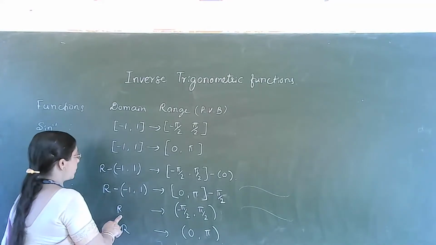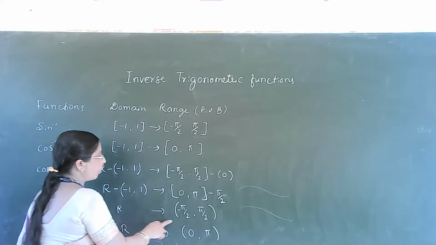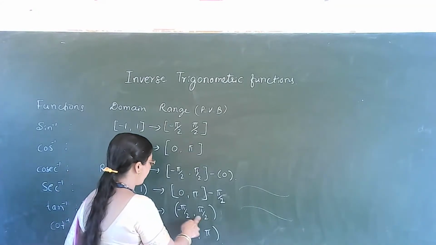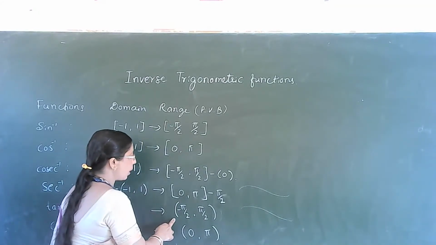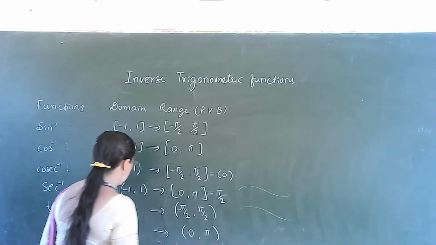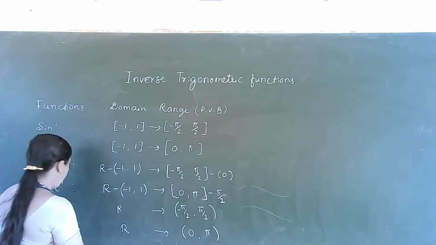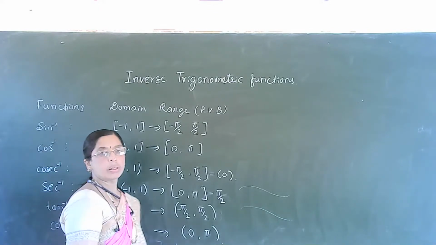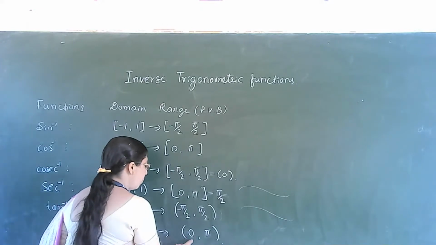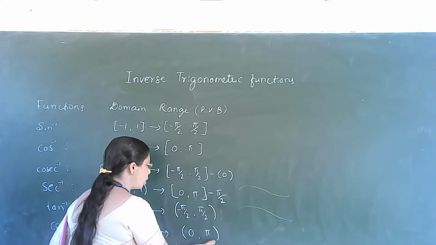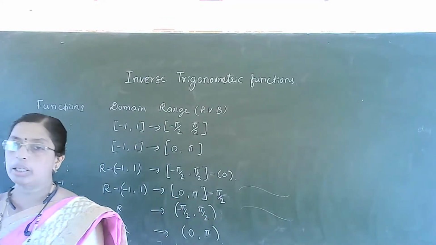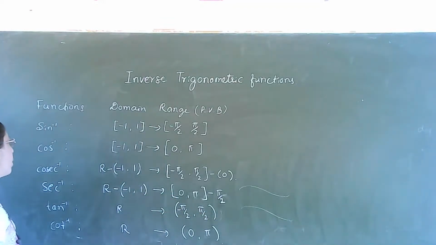Tan inverse function, domain is R, from R to -π/2 to +π/2. Here -π/2 and +π/2 are not included; between them all are included. Cot inverse function, domain is R and range is 0 to π. Here also 0 and π are not included. Between them all are included.